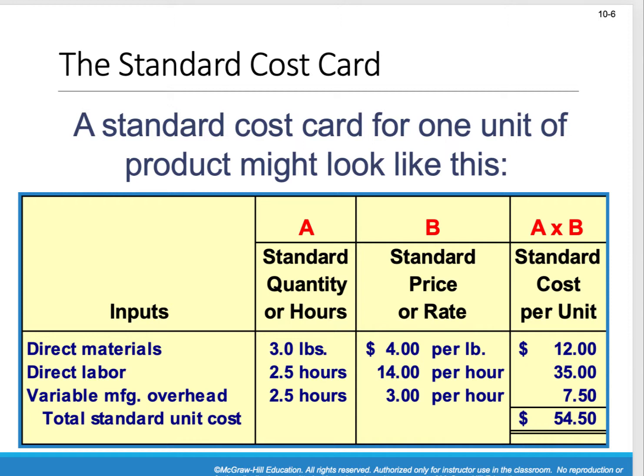Rate efficiency, quantity efficiency, right? It's all the same thing. We're just using different names, and that'll become very apparent when we start doing some examples here, okay? So again, standard cost card just gives us the standard cost per unit, and it takes the standard amount of inputs at that standard price or that standard rate.